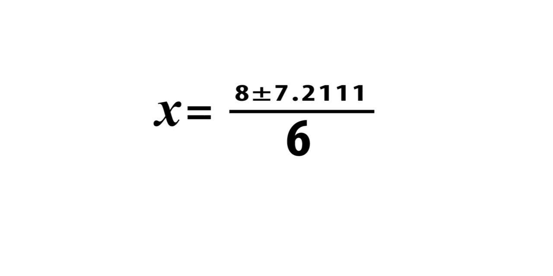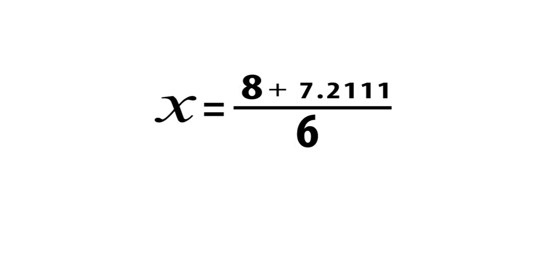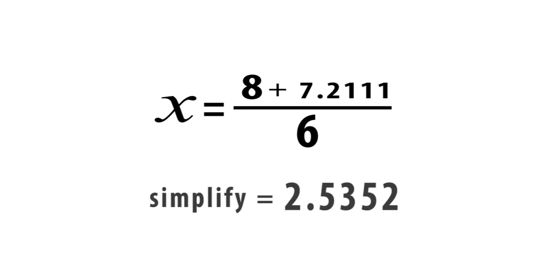So x is equal to 8 plus 7.2111 divided by 6 will be for one of our answers. When we simplify that, it will give us 2.5352.